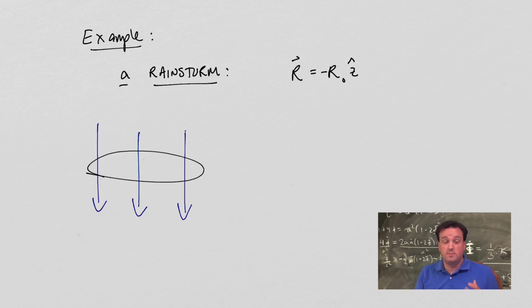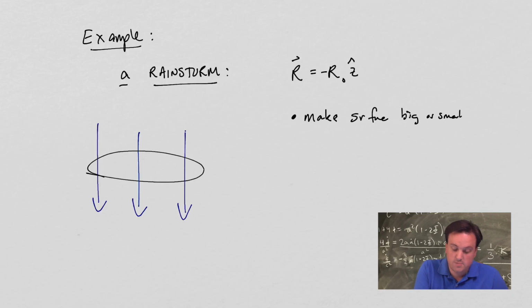And you know that you have some control over how wet you're going to get, right? The integrated strength of that vector field across that surface. And there are three ways to change how wet you're going to get. You can make your surface bigger or smaller, right?